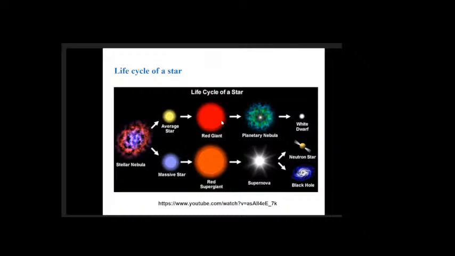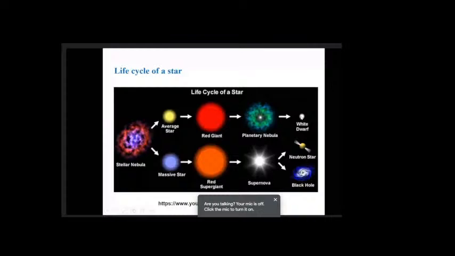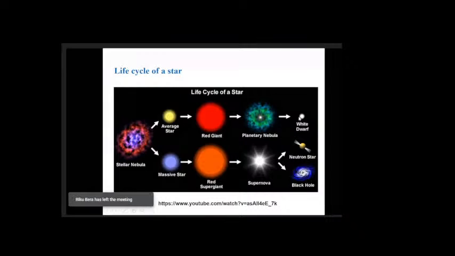One, if the mass is very small, like our sun, it will become a white dwarf. So basically the core will collapse further, and then electron degeneracy pressure will start to kick in, and that will stop the further collapse of that core, and that is called a white dwarf. And after a long time it will become a black dwarf. It will not emit anymore, it will become a black dwarf.